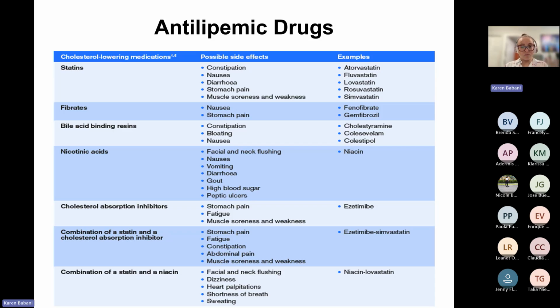They kidnap the fat and we eliminate it. Cholestyramine, colesevelam, colestipol. A key word when you think about them sequestering or kidnapping cholesterol, fat: those usually have that prefix chole in the name.